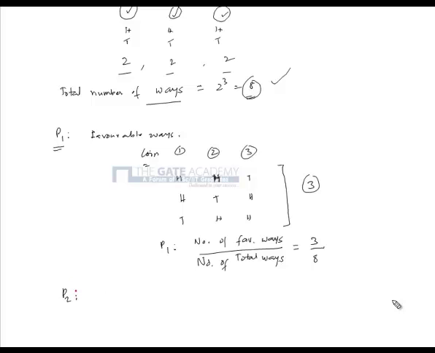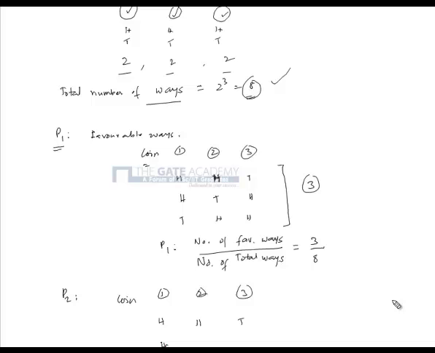Now let's discuss P2. P2 is basically the probability of getting exactly 2 consecutive heads. So let's see how it can be done. Suppose I get head in the first, now I have to get head in the second for it to become favorable. So that is head, head, tail in the third. Then let's see the other ways.